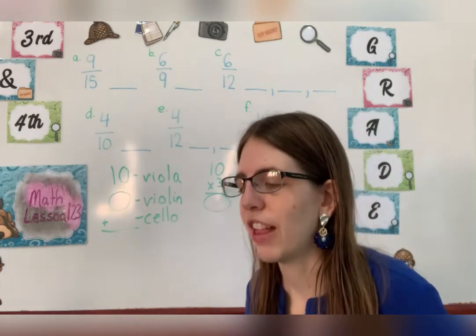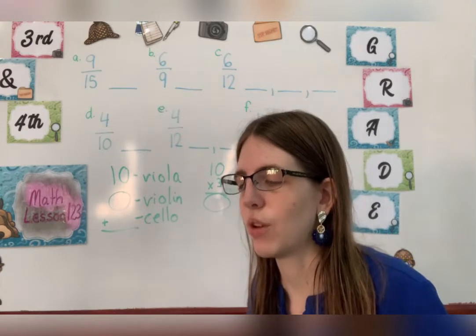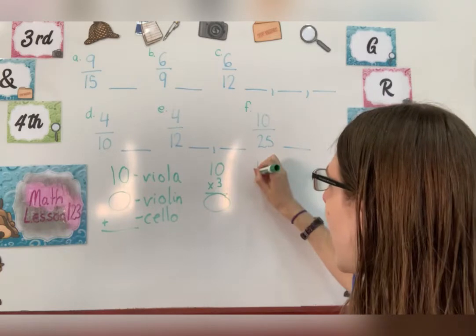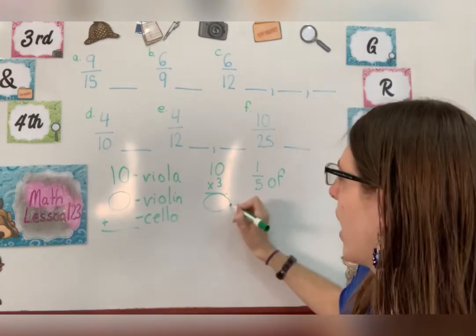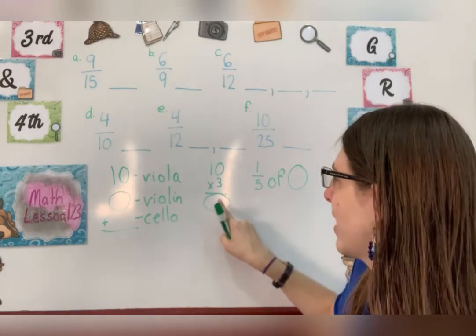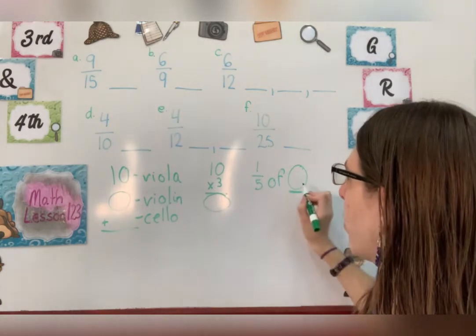Now let's find the cello students. Our problem says she has 1/5 as many cello students as violin students. So that means she has 1/5 of whatever our number for the violin students is. So we take this answer for violin students and we put it here. We find 1/5.